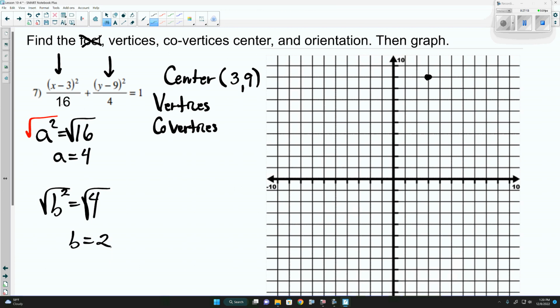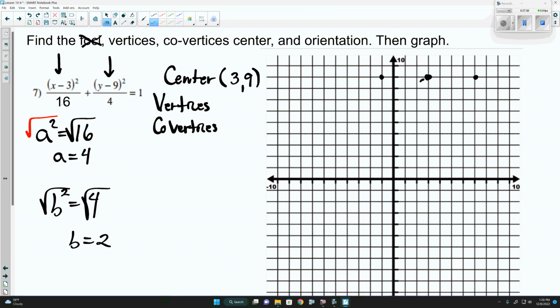Now, since a was connected with the x, it means it's longer across the x. So from the center, we can go 1, 2, 3, 4 to the left, and we can go 1, 2, 3, 4 to the right.